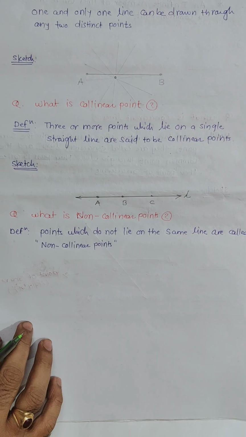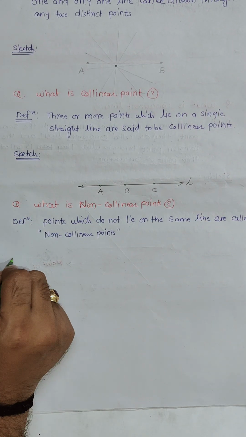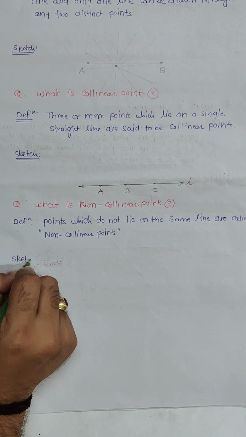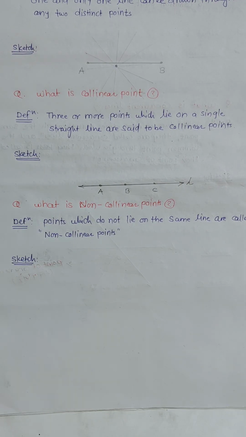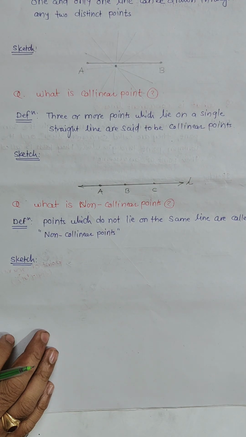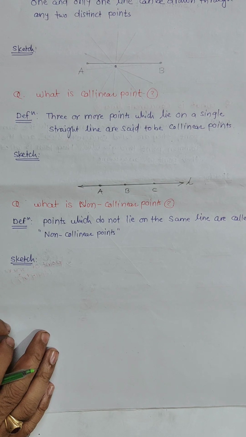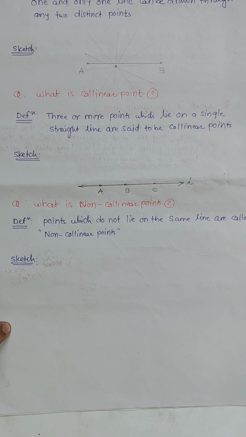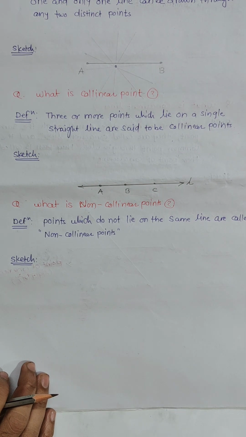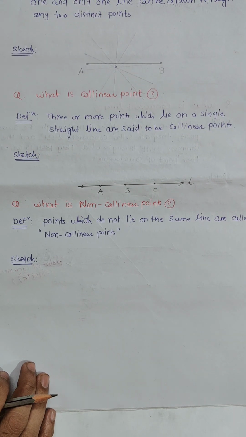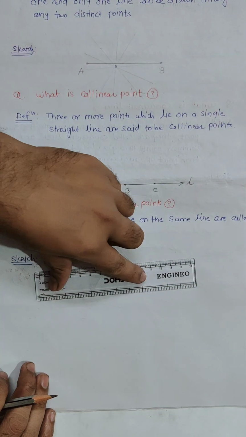Now, the sketch of the non-collinear points. First point is definition. Second point is sketch. How to draw the sketch of non-collinear points? आता आपण बघणार आहोत नॉन कॉलिनियर बिंदूची स्केच कशी ड्रॉ करायची.